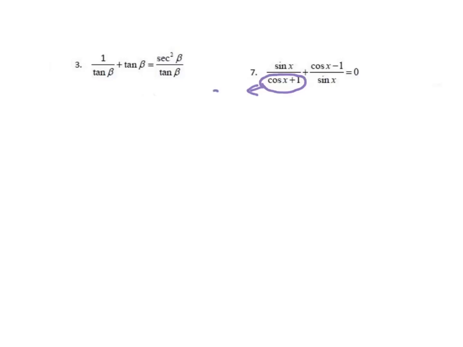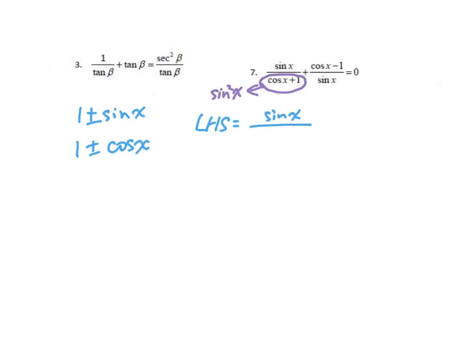We got a signal for conjugate multiply. The expected value will be sine square x. So we get started with the left-hand side. That's sine x. We need to change into 1 plus or minus sine x or 1 plus or minus cosine pattern.